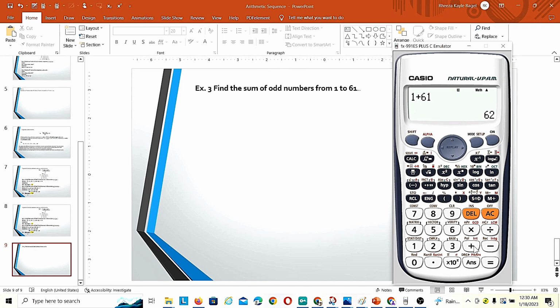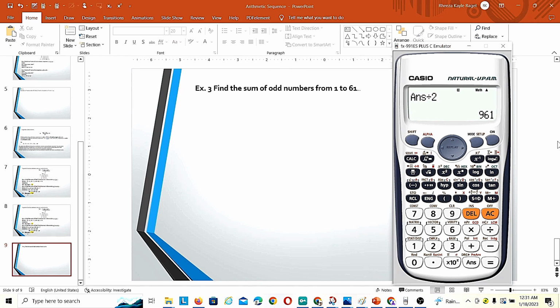The n that we got is 31. So 1 plus 61, then times 31 all over 2. That will be 961. So we are getting the same, both using formula and calculator techniques.